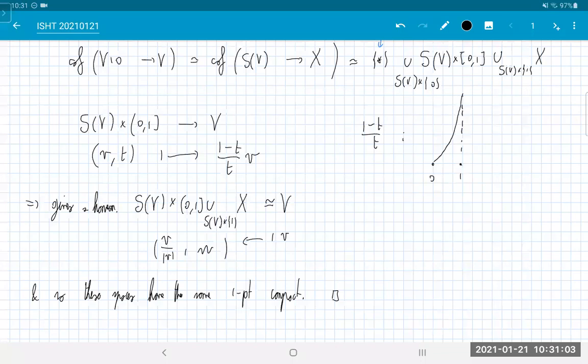But you can think of this Thom space as sort of a generalization of how you make Sn out of Rn. You add a point at infinity. And here you have a vector bundle, and you add a point at infinity. That's the same for every fiber. Now, if the base space is compact, this tells you that you're just one point compactifying everything.